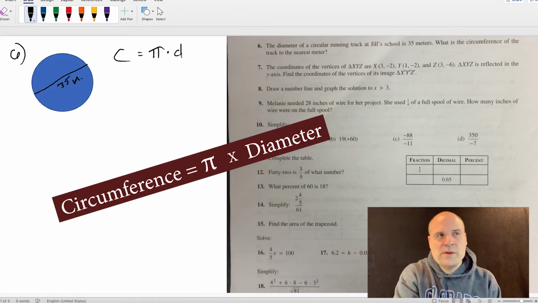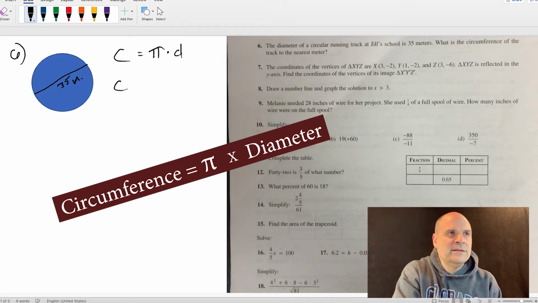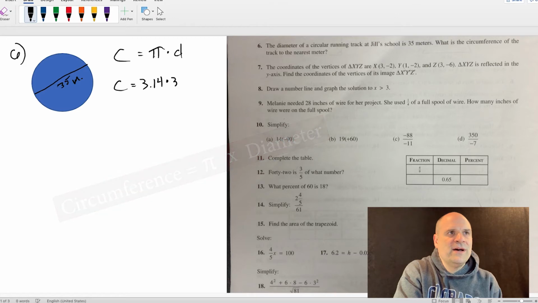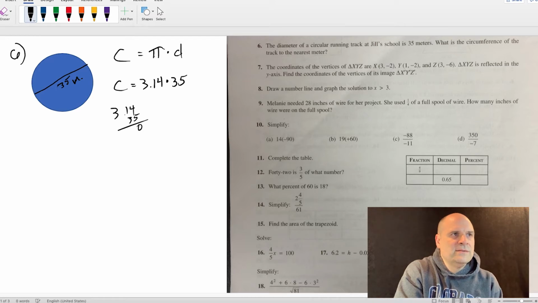So we're gonna use 3.14 for pi, 3.14 times 35, which is the diameter. So let's do that. 3.14 times 35. Okay.